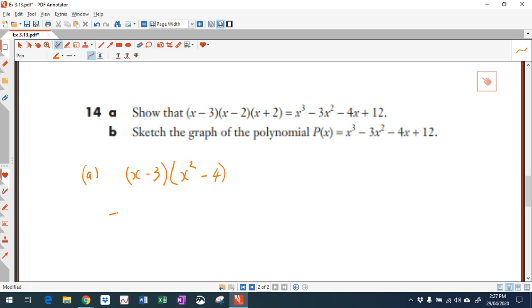And then expanding from there, I'm going to get x cubed minus 4x minus 3x squared plus 12. And obviously I can put that in this order.